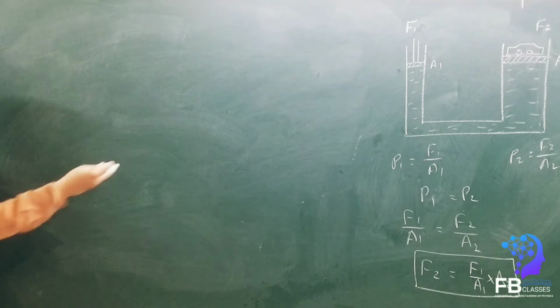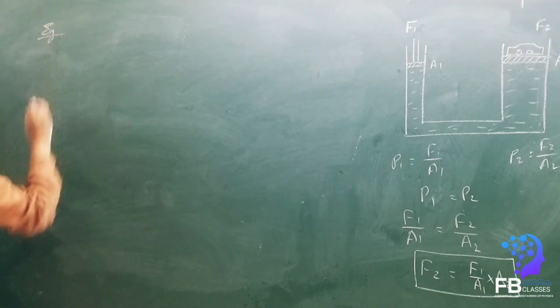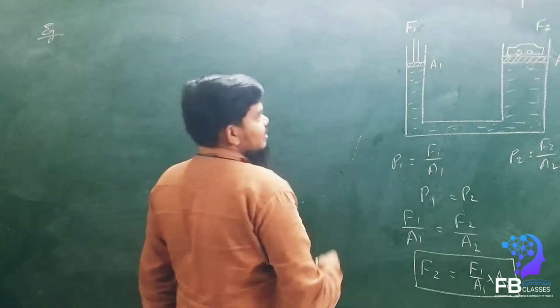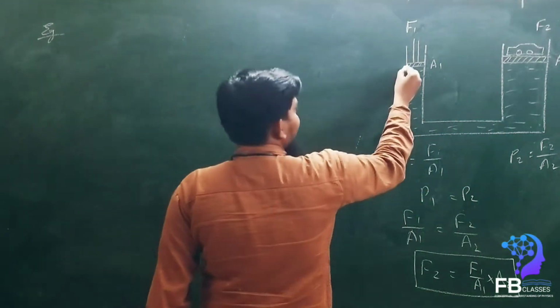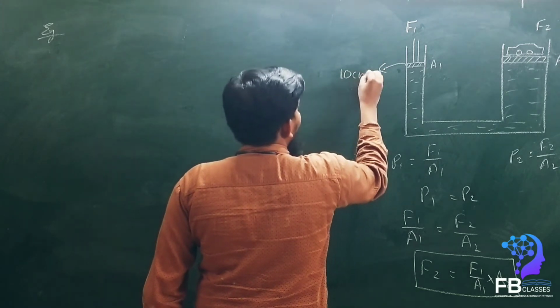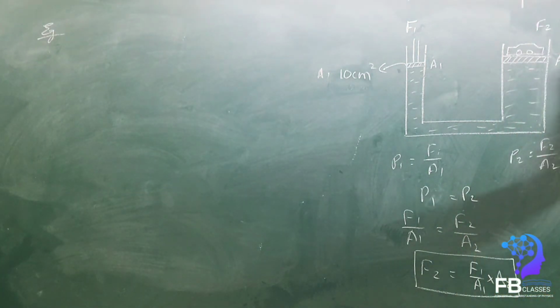Let's take an example so we can better understand the advantage of Pascal law. Let's consider there is a hydraulic jack, in the same manner. The cross section area A1 is 10 centimeter square, and let's take A2 as 10 meter square.